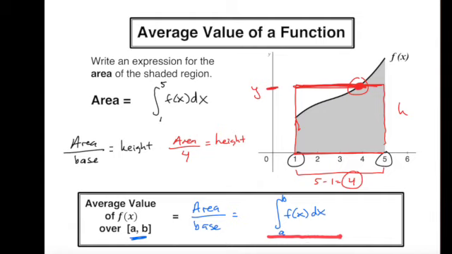Because it can look a little ugly to put that in the top of a fraction, a lot of times you'll write it out in front. Instead of putting over that base, you're going to put 1 over, and the base would always be found by doing b minus a, the difference between those two. So that right there is the formula for average value: 1 over b minus a times the definite integral from a to b. But it's just area divided by base.